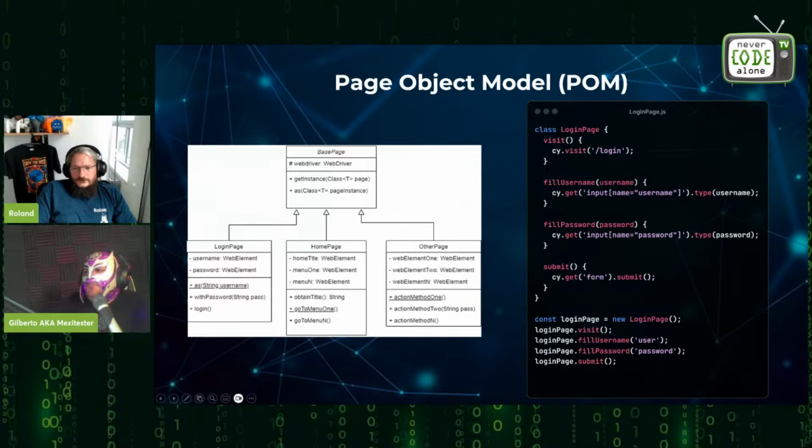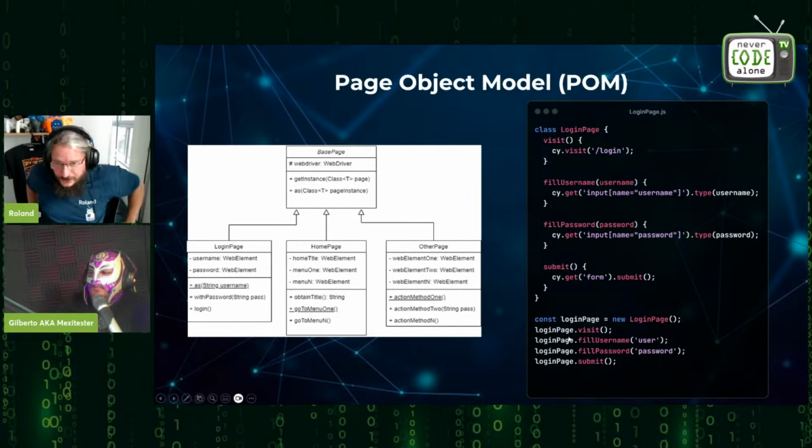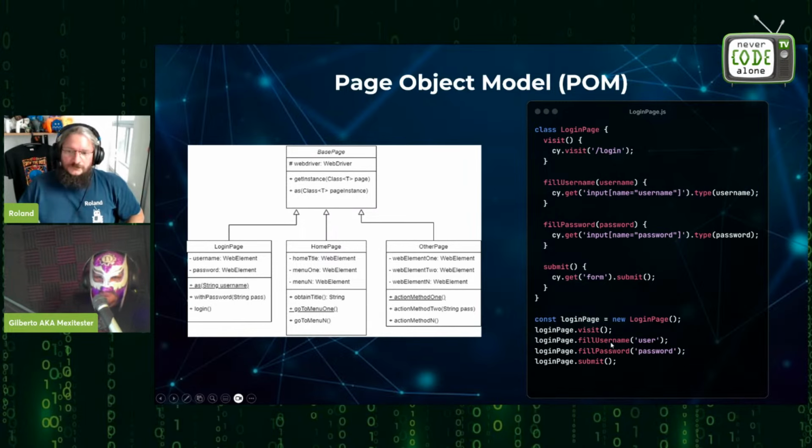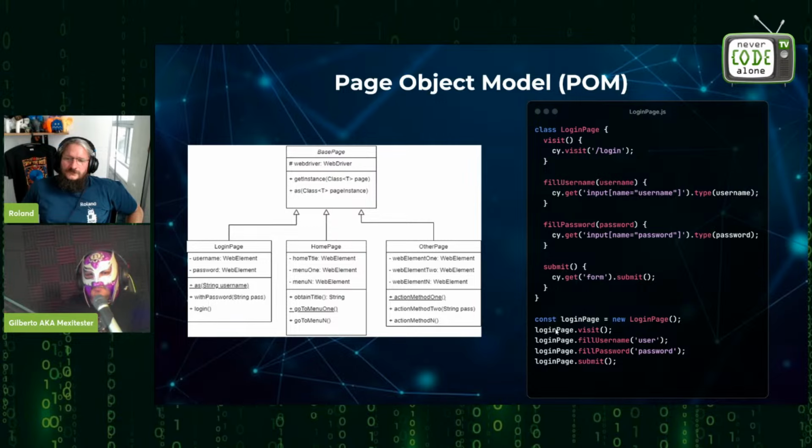So we have here the actions that we need to perform, and we can create a big method. For example, the most common example that we saw is how to create a new login. In this case, visit, type the username or fill the username, fill the password, and then click on submit. We have this ability to create a page and the actions that we perform over the page.